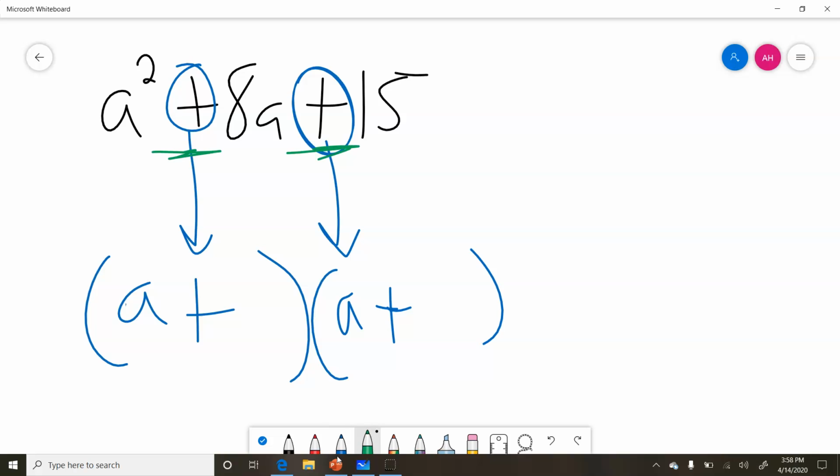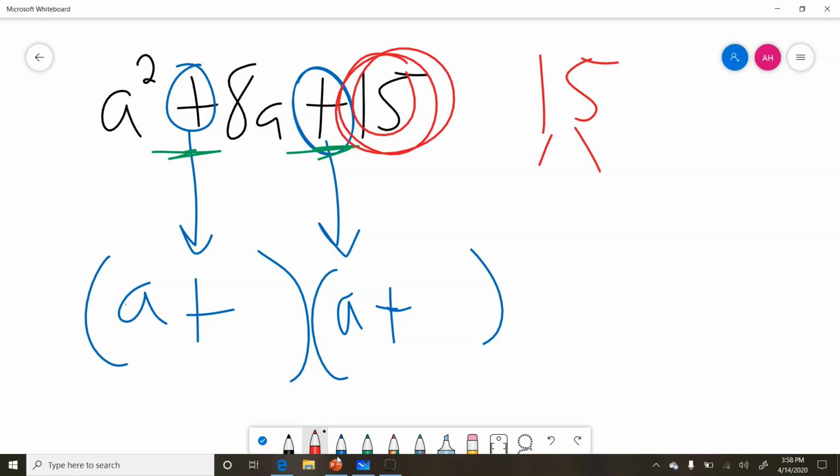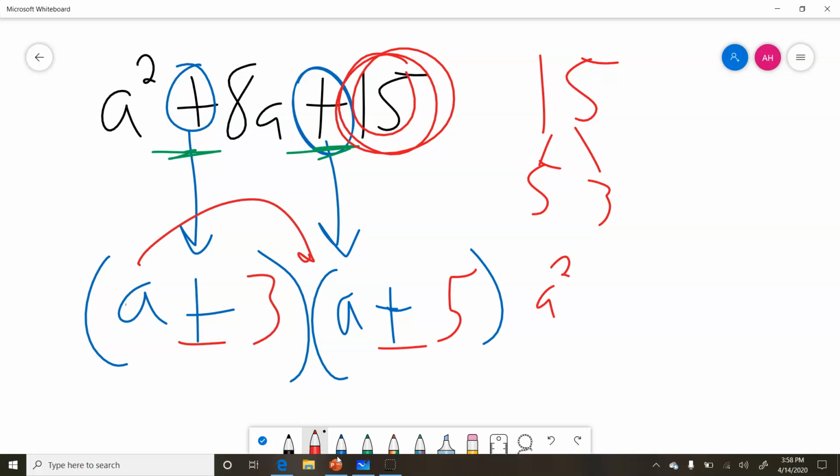Now, I got to say, what times what is 15. Well, I do a factor tree for 15, I get 5 and 3. So let's try a 5 in one and a 3 in another. Doesn't matter because they're both plus, so the order doesn't matter. So let's see, a times a is a squared.